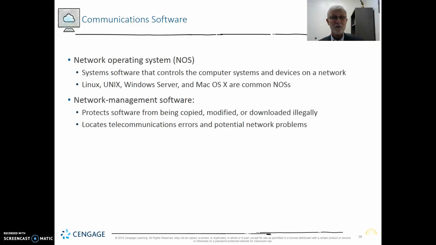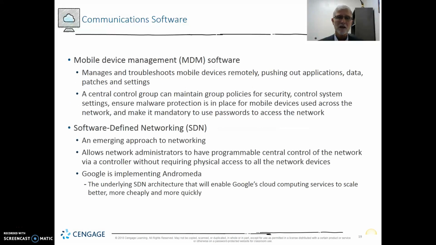Now, network management software says, now that I've got a network, I need to protect the data being sent back and forth, make sure it's not being modified or downloaded illegally, detect if somebody is trying to break in, and watch for network problems, making sure it's up. There are a couple of different ways.